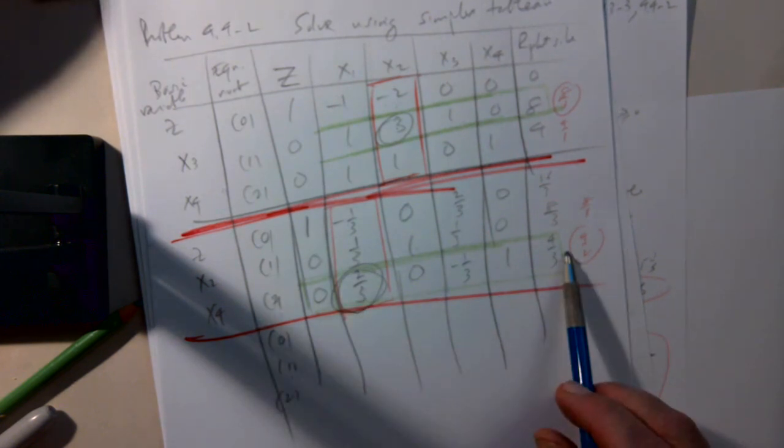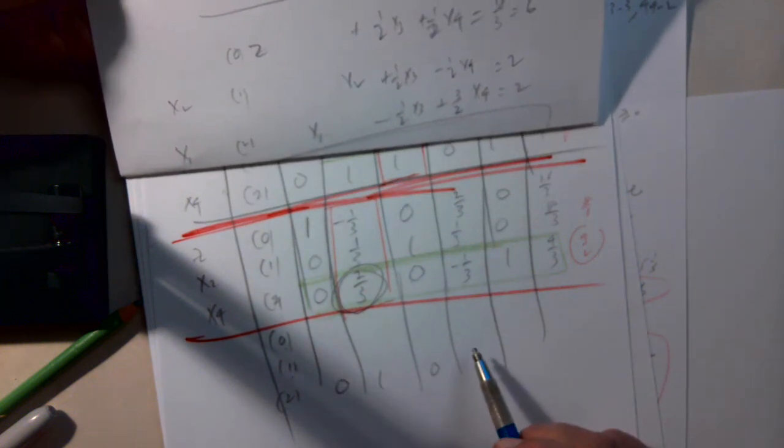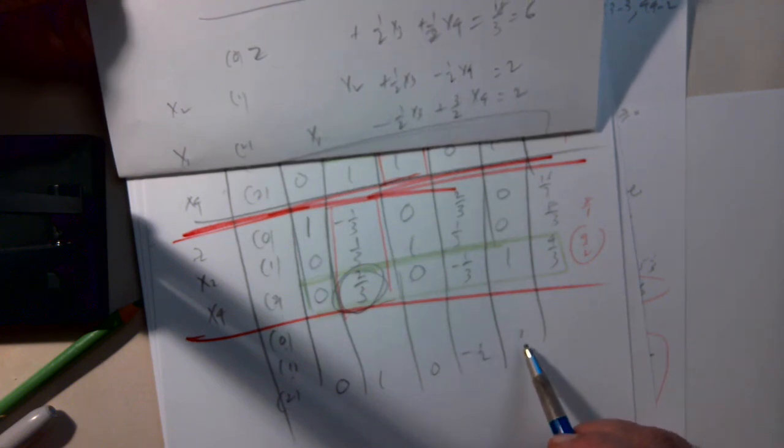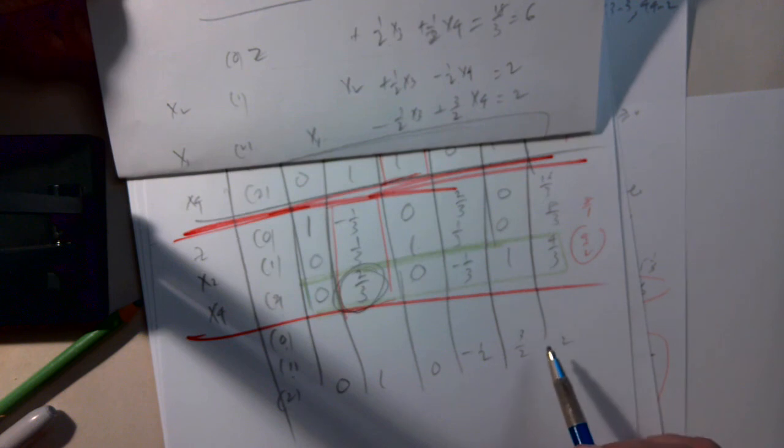We want this to be a 1. We multiply this by 3/2, just as we did with the equations. And we get 0, 1, 0, minus 1/2, 3/2, 2.